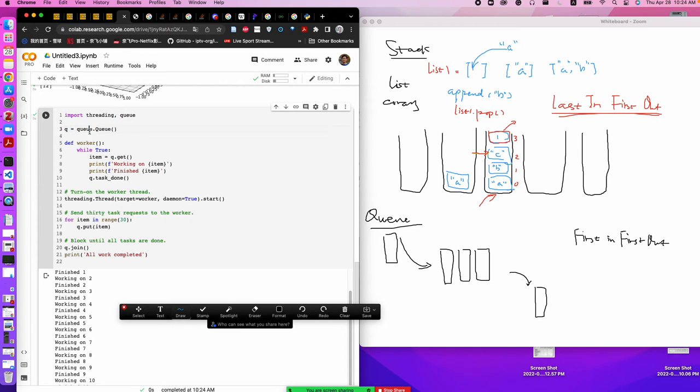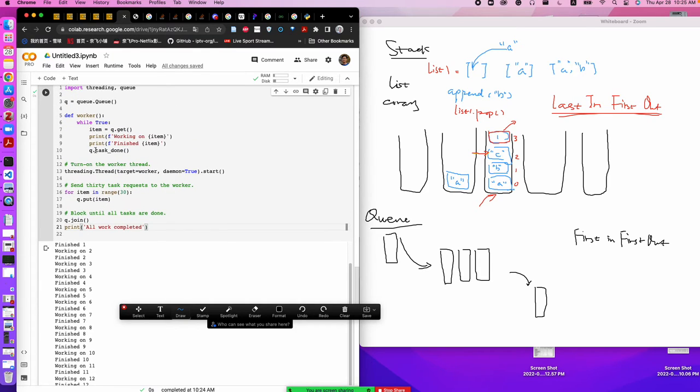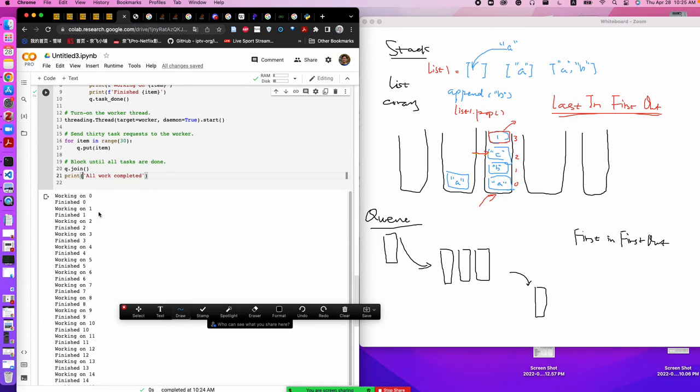Called queue as queue.Queue. So in this example, they initialize some class or function like a worker, right? So some worker gets to the company at some time, and he leaves the company when he finishes his job. So for example, for let's say 30 tasks, working on 0, working on 1, working on 2.